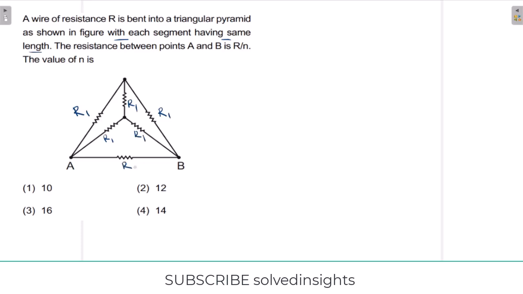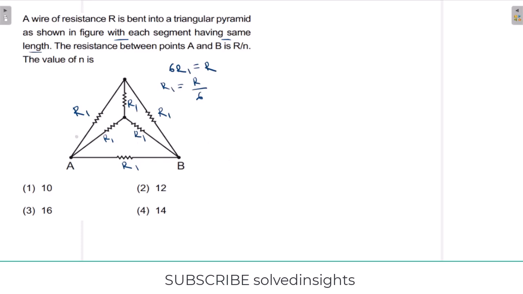The total length is divided into 6 equal parts, and each has the resistance R1. So the total resistance is 6 R1, and the total resistance is also given as R. So R1 is basically R by 6.